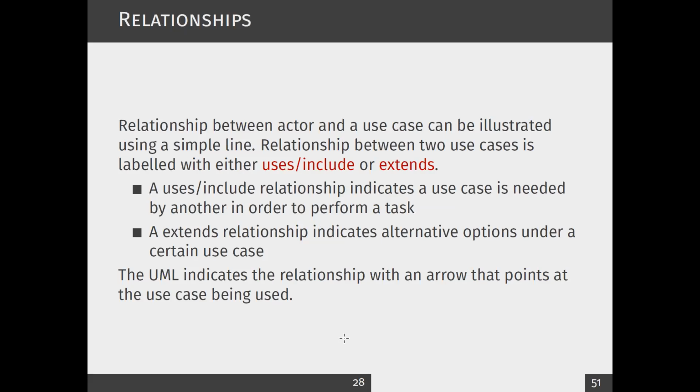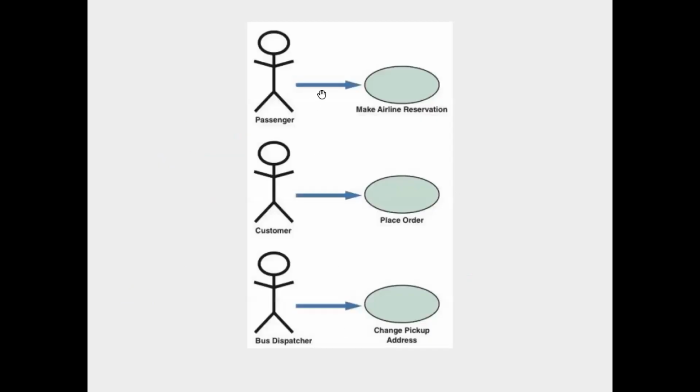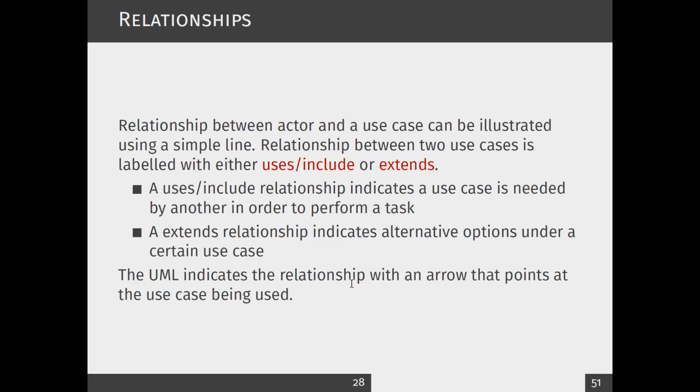Now, the relationships: these lines indicate different types of relationships. When you draw a simple line, it represents a relationship. But there could be different types of relationship. So you can have what we call uses or includes, or you can have extends.